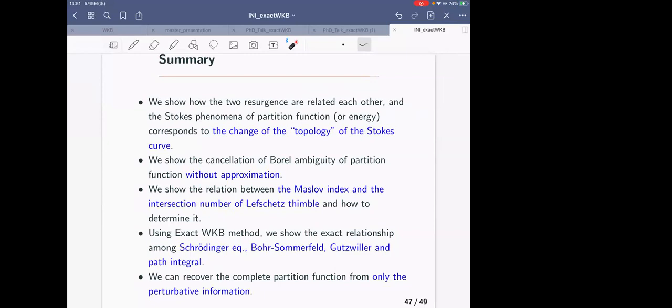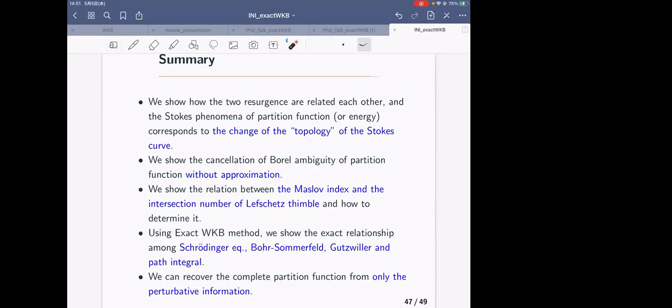But this is only valid for one-dimensional systems, only the one-dimensional Schrödinger equation. And also, we can see the Stokes phenomena of the Schrödinger equation, Voros-Zumino, Gutzwiller, and path integral, among several quantization methods.